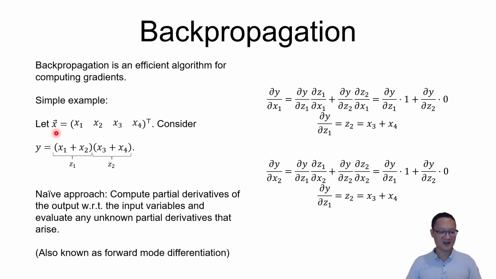Let's say that x is just a 4-dimensional vector, and we define a function y, which equals (x1 plus x2) multiplied by (x3 plus x4). We would like to compute the partial derivatives of the output with respect to the input variables x1 to x4. So how would you normally do this?